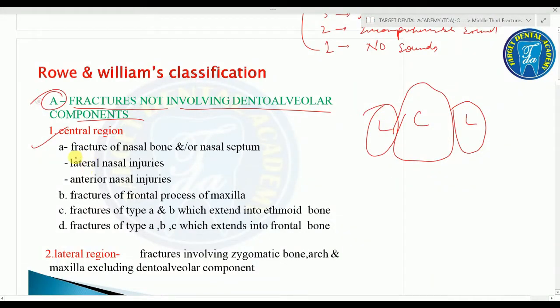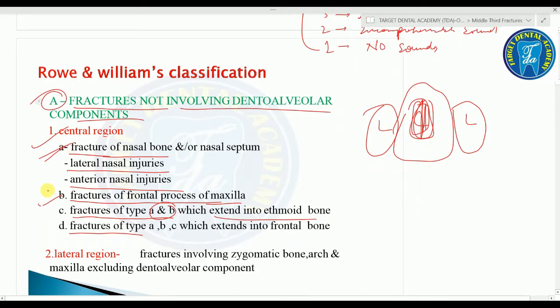So in the central region, A is the fracture of the nasal bone or the nasal septum, lateral nasal injuries and anterior nasal injuries. Second is the fracture of the frontal process of the maxilla. Third is the fracture of type A and B, which extends into the ethmoid bone. D is the fracture of type A, B and C, which extends into the frontal bone.